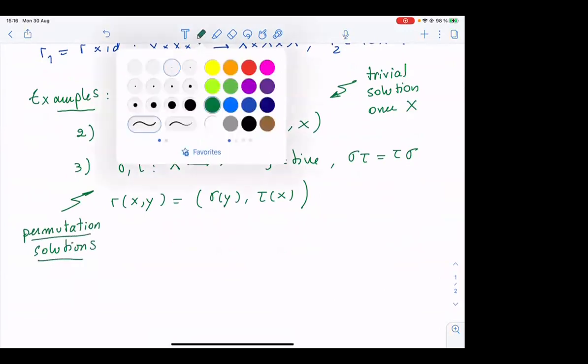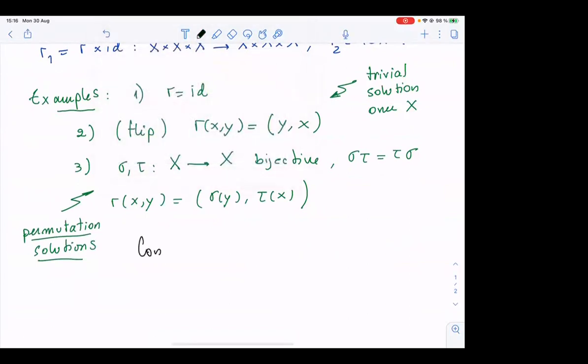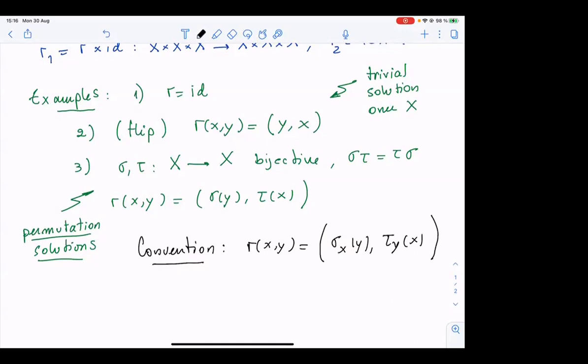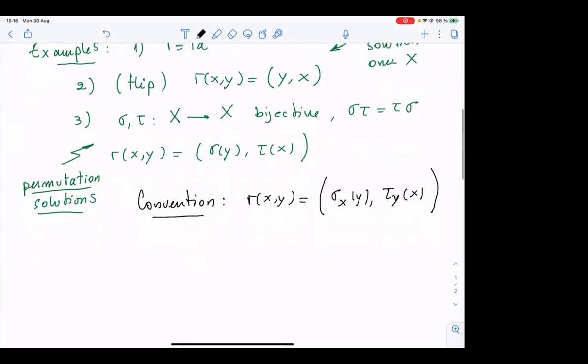Okay. And so I will always use the following convention. My map R, the first coordinate, of course, depends on x and y. I'm going to write this like this. And the second coordinate depends again on x and y, but I will write this like this, where sigma sub x and tau sub y are functions, okay?